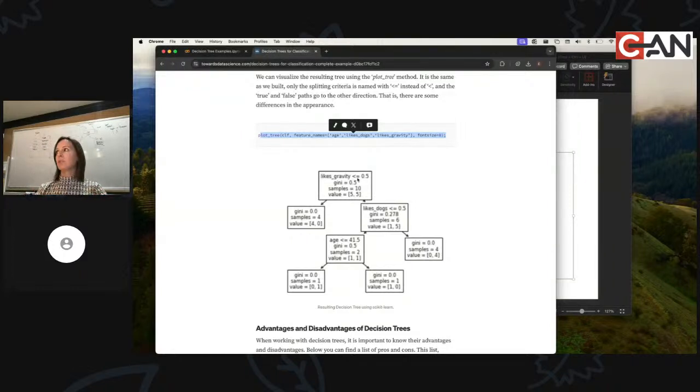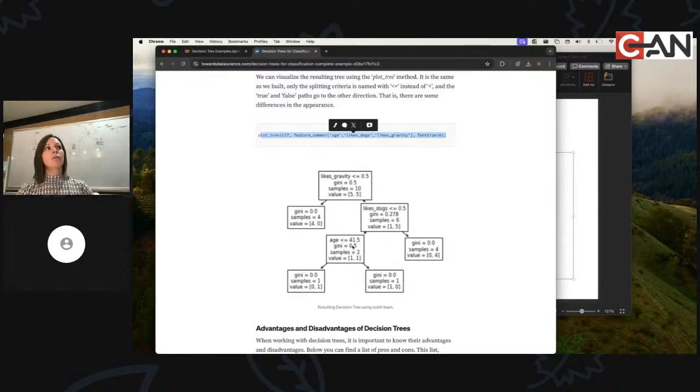When it says less than or equal to 0.5, that's just its way of saying yes or no on a binary feature. So you can see here, we start with 10 samples. 4 of them go this way. 6 of them go this way. We have 6 samples here. 2 of them go this way. 4 of them go this way. We have 2 samples here, one goes this way and one goes this way. So your data set moves throughout.